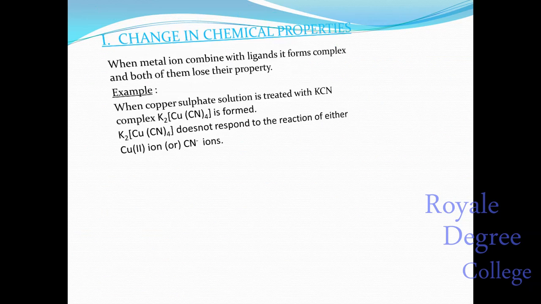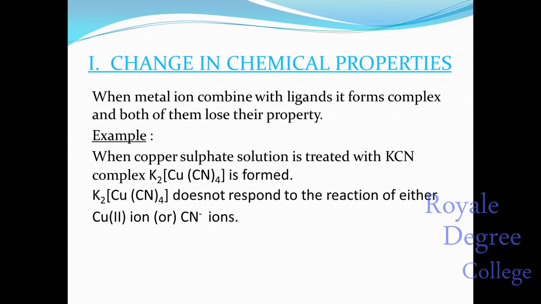First of all, we'll see change in chemical properties. When a metal ion combines with ligands, what will happen? It forms a complex. And both of them, the metal ion as well as the ligand, after the formation of the complex, will lose their properties. For example, when copper sulfate solution is treated with potassium cyanide, a complex is formed.